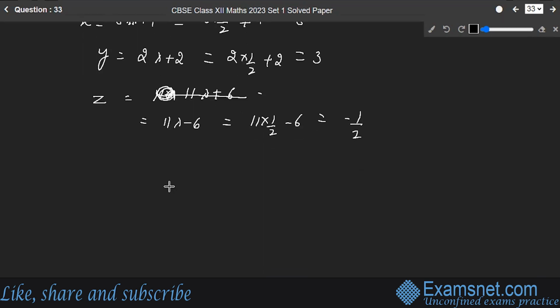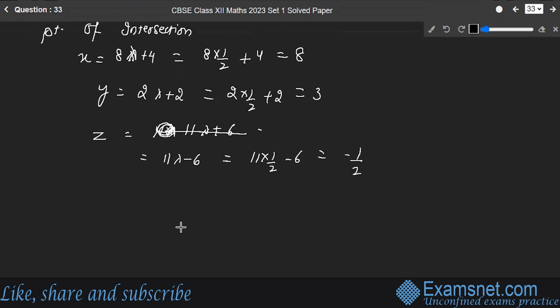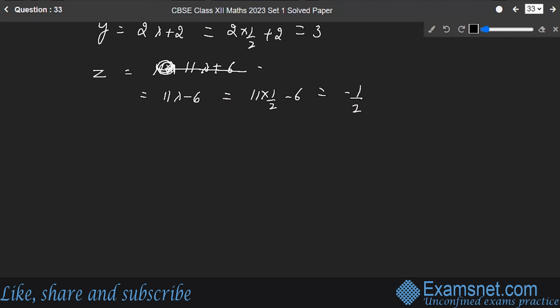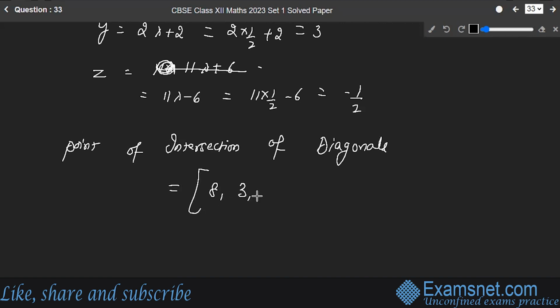So the diagonals intersect at the point (8, 3, −1/2). This is the answer to the question.